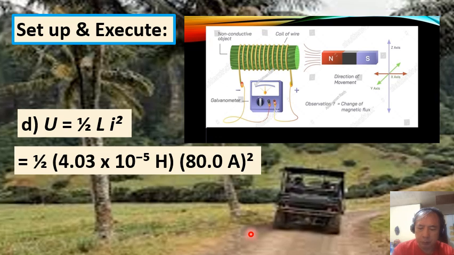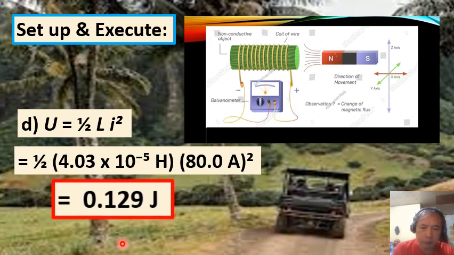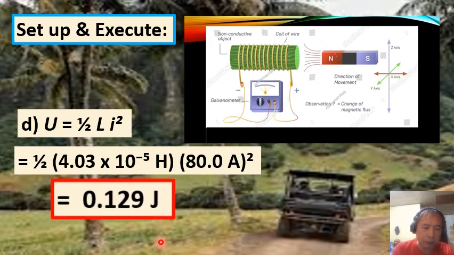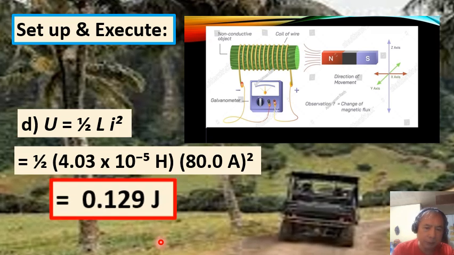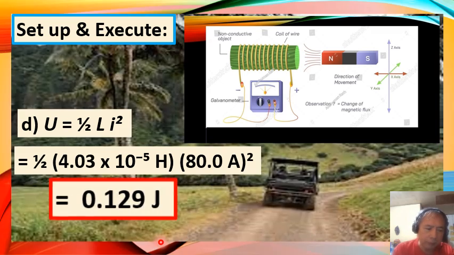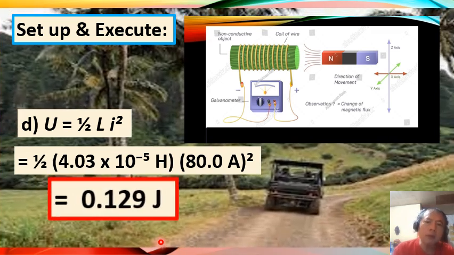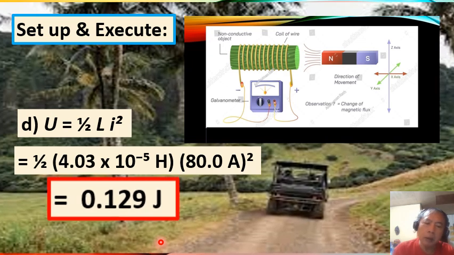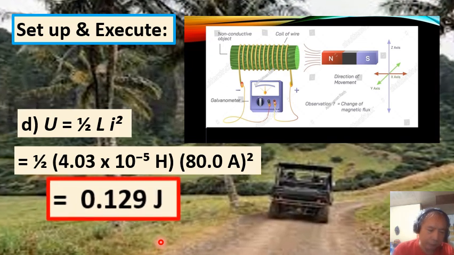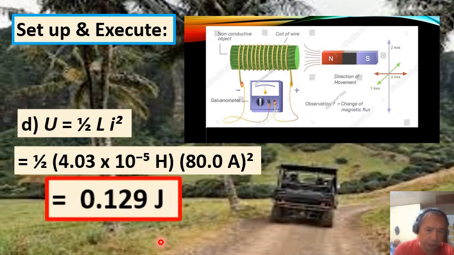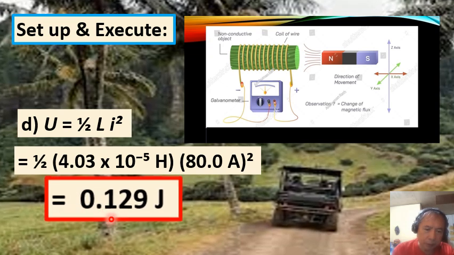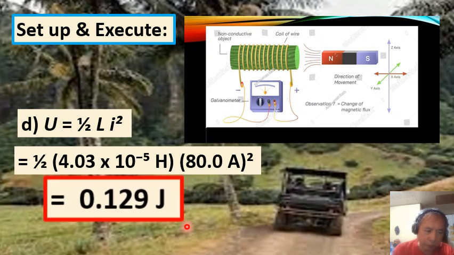So when we do our math, we finally get the total amount of energy that is stored in the solenoid magnetic field, right, equal to 0.129 joules.